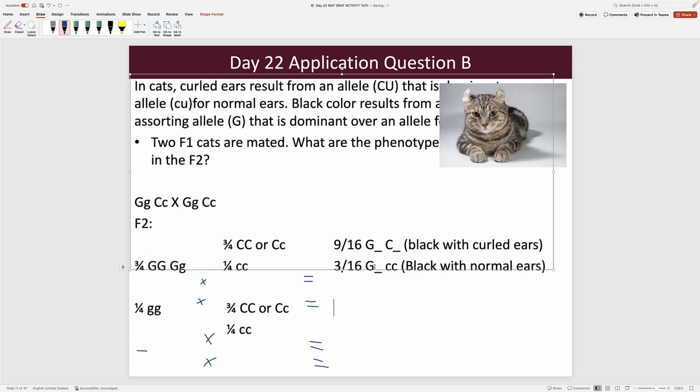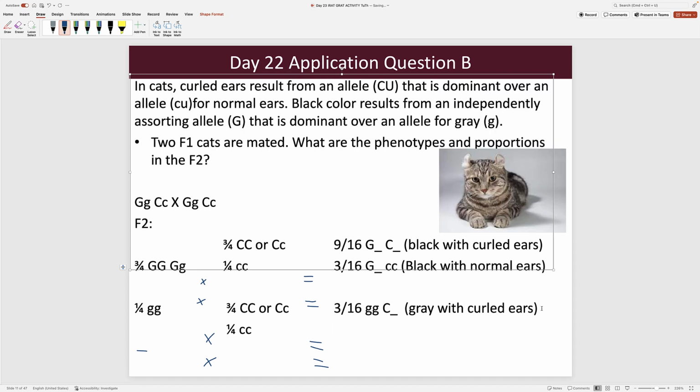Then down here, it is 1/4 times 3/4, so that's going to be 3/16 little g, and big C. And again, we don't know if that's big C, or big C, little c, but it doesn't really matter because what the question is asking for is the phenotype. And so we know this phenotype would be gray with curled ears.